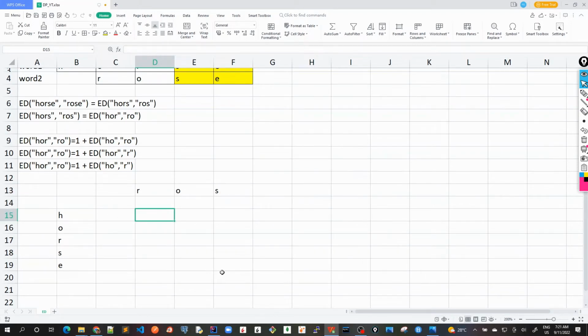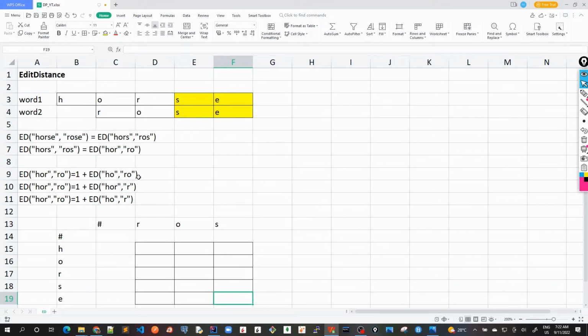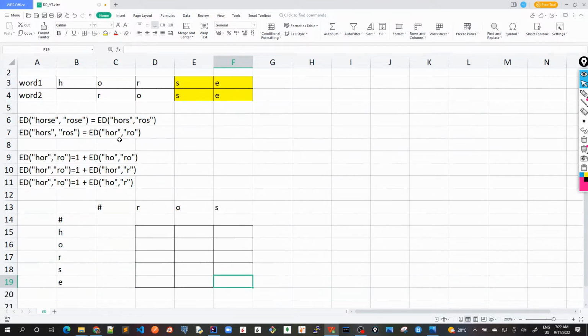We are interested in this part, let me highlight it. We will keep filling in these values from here to here, and the last cell will give me the final solution, the minimum edit distance, by the algorithm that we just devised in our previous video.